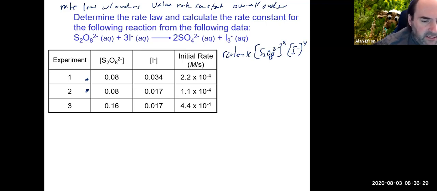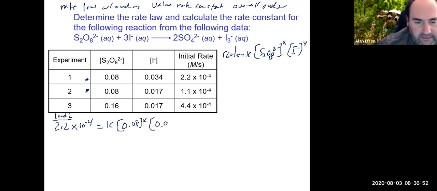I'm going to choose entry number 1 to put up on top because it has the larger initial rate. So everything from number 1 can go on top. So this is entries 1 and 2. This 2.2 times 10 to the minus 4 equals k times 0.08 to the x, 0.034 to the y.